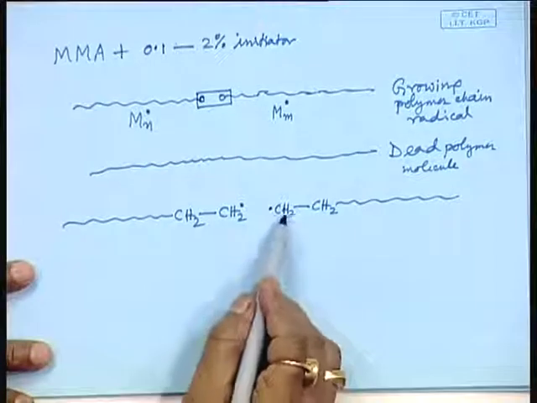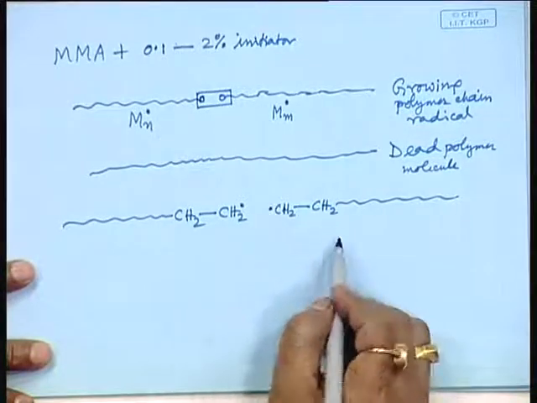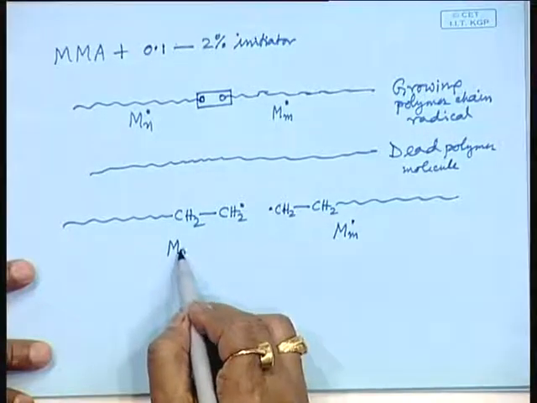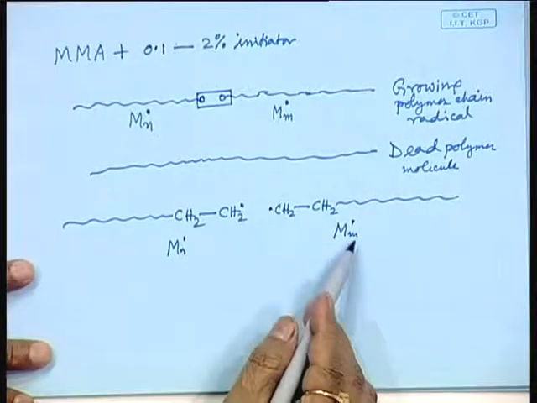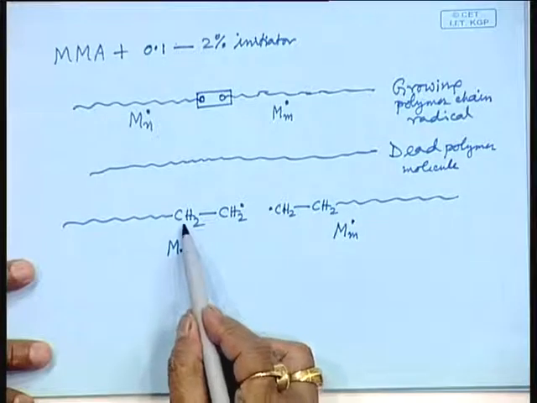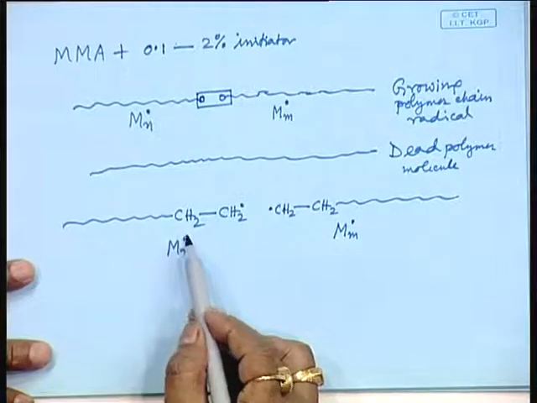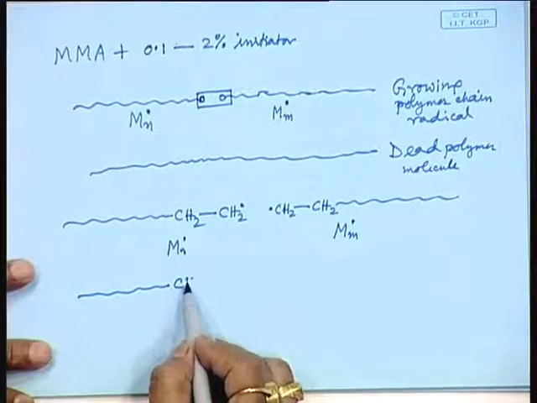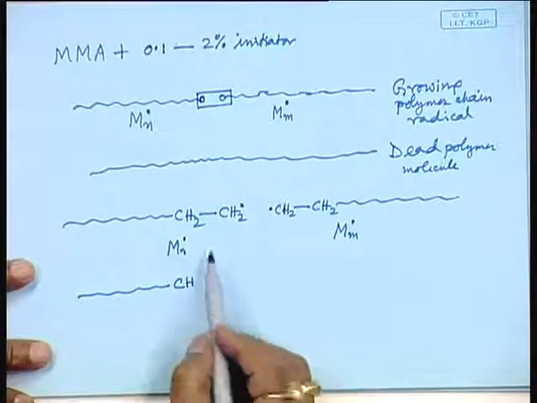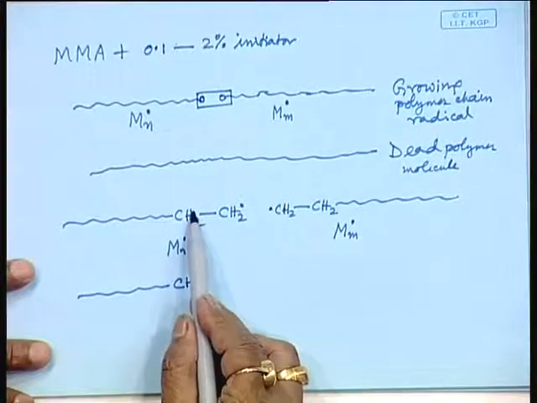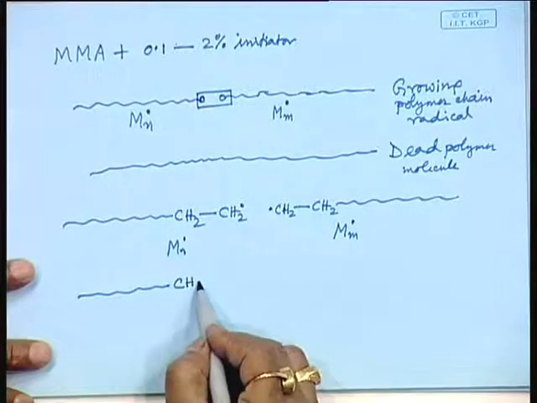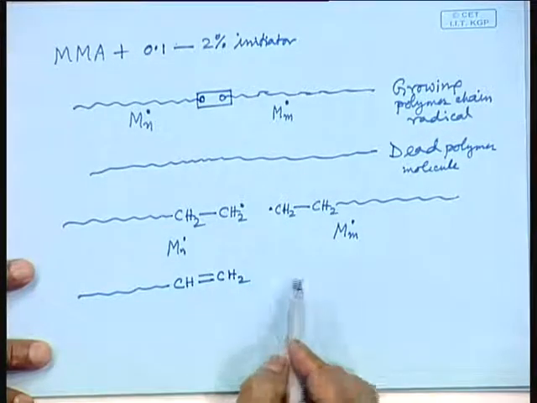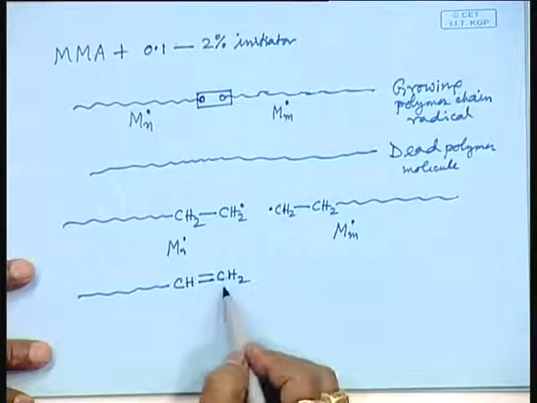Suppose this is dot, this is dot. This dot can abstract one hydrogen from this carbon. So, if it does that, a pi bond will be created over here, and there is no longer any free radical present.